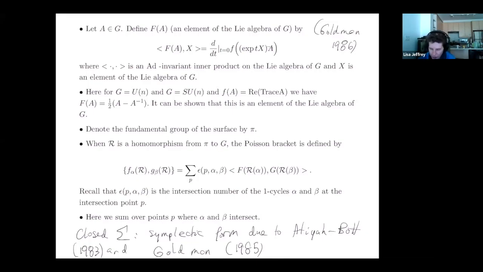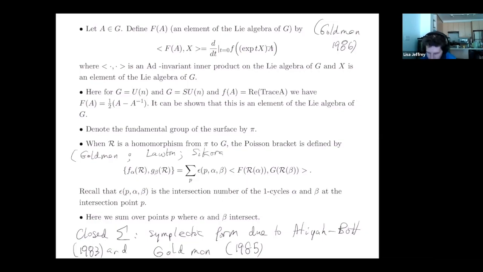This definition is due to Goldman. Actually, in some cases it's due to Lawton and Sikora.